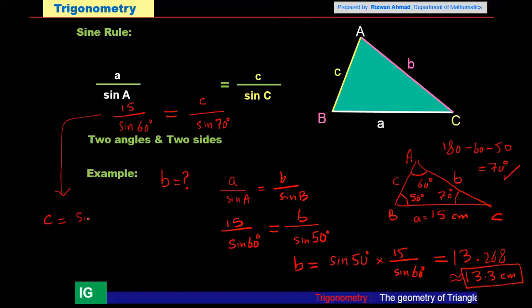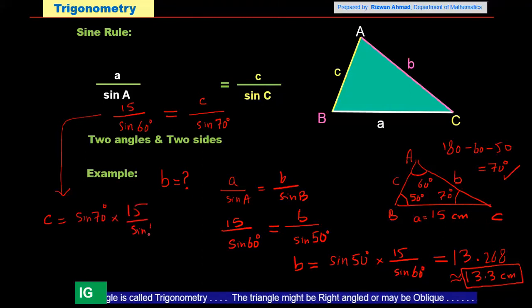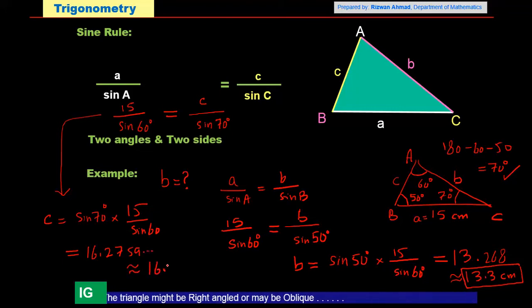So it will be sine of 70 times 15 over sine 60. So this will be equal to 16.2759 and so on. So to three significant figures we can round it to 16.3 centimeters. So this is the side C.